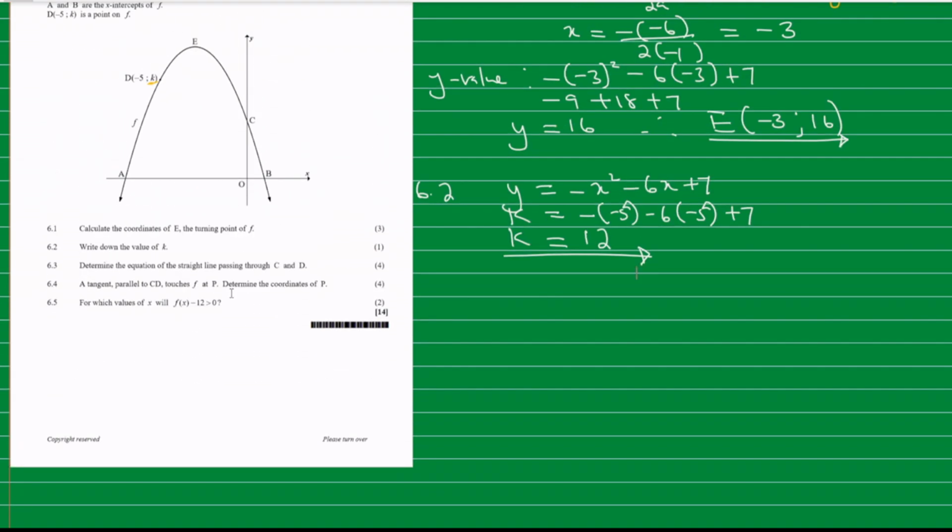Then it goes on to say, determine the equation of the straight line passing through C and D. That is question 6.3.